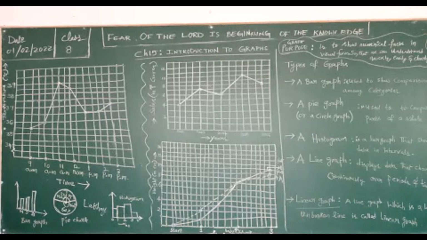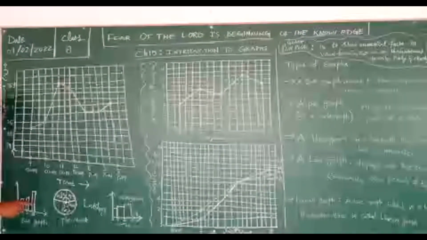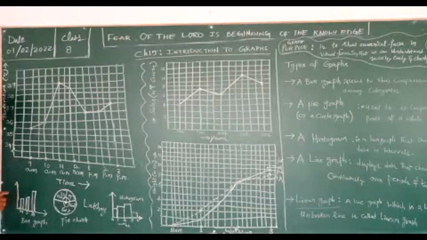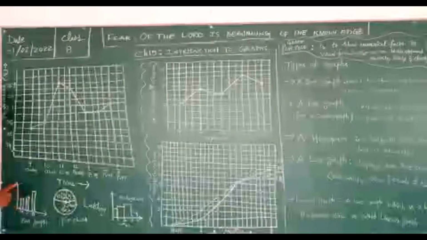Now I'll ask, you need to tell the answers. So what is a bar graph? A bar graph is formed with what? Rectangular bars. You have to type in that place: rectangular bars. A bar graph is formed with rectangular bars.